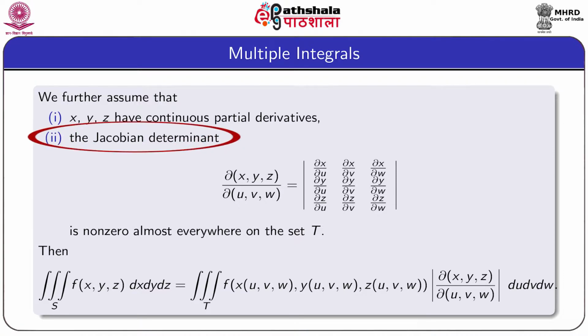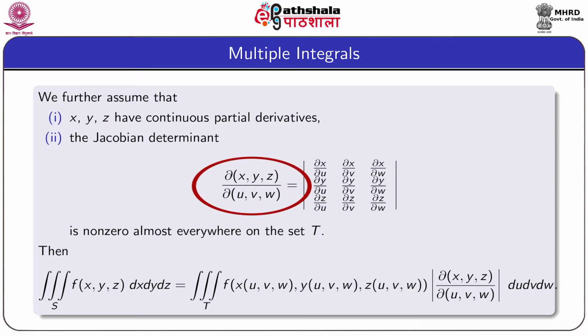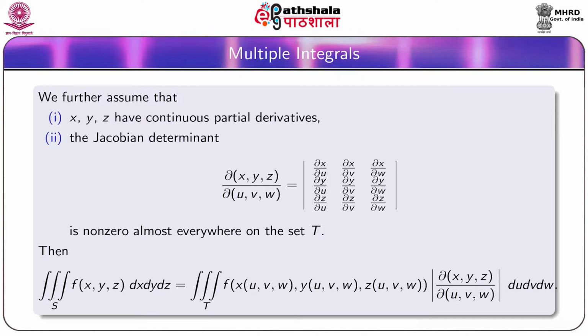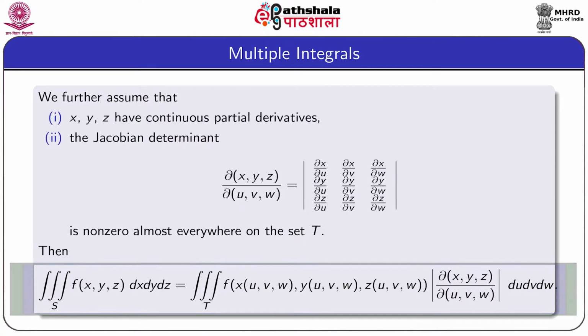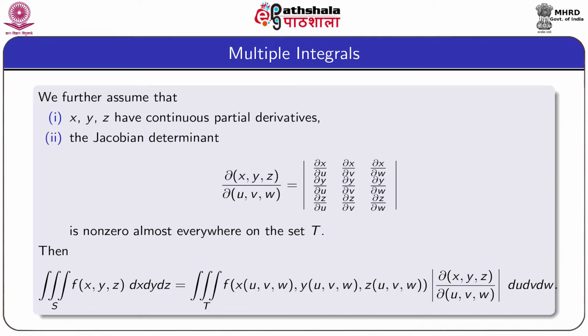Secondly, the Jacobian determinant del x, y, z over del u, v, w is defined with the help of the determinant with first row del x del u, del x del v, del x del w, then second row del y del u, del y del v, del y del w, and final row del z del u, del z del v, del z del w, and it is non-zero almost everywhere on the set T. Then the triple integral of f over S equals the triple integral of f over T, where f is considered as a function of u, v, w multiplied by the modulus of the Jacobian determinant, du dv dw.